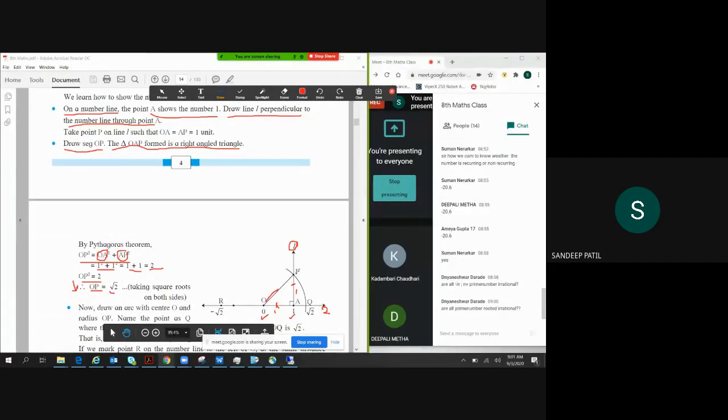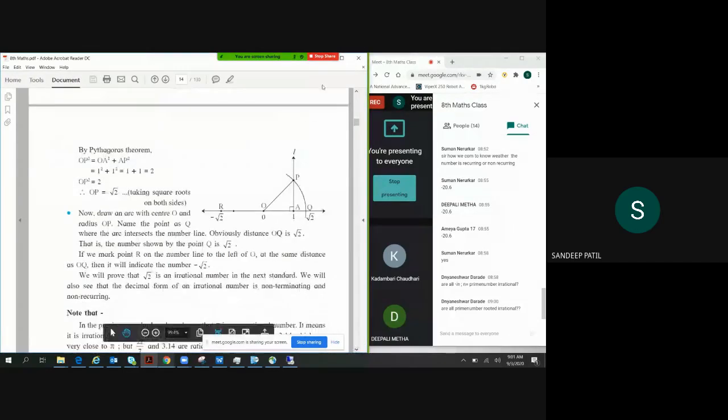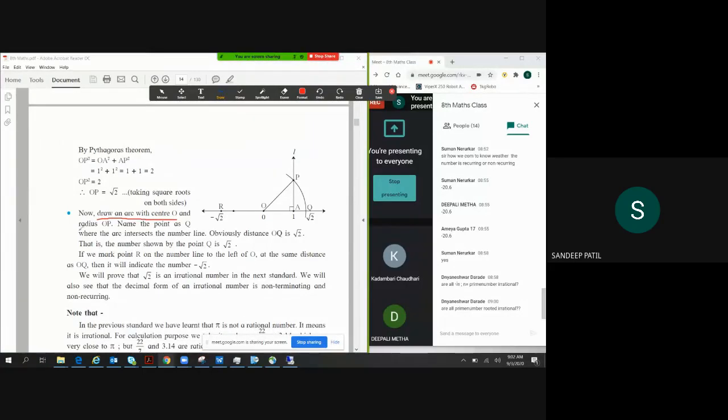So if we want to represent it on the number line, we just take this arc. Draw an arc with center O and radius OP. This is the center and this is the OP line.